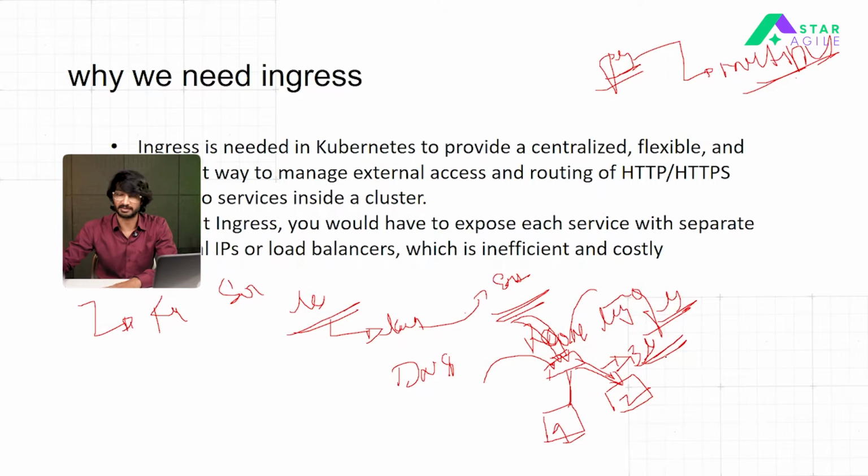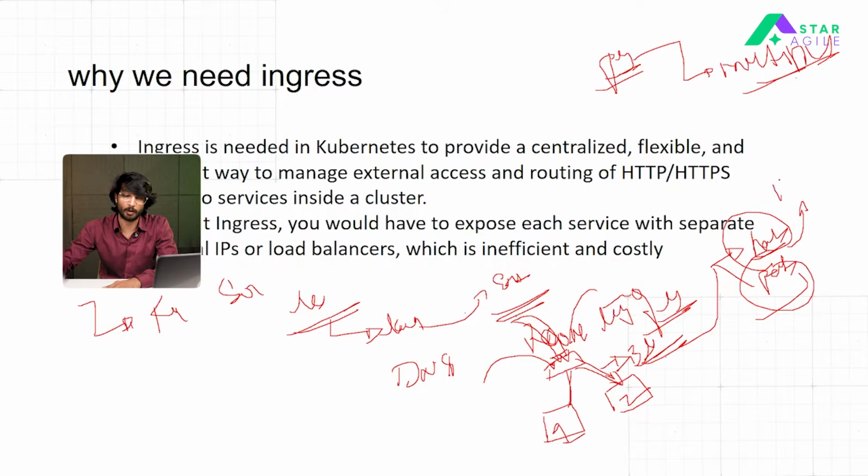Whereas outside, we have more advanced types of routing, that is host-based routing and path-based routing. By using these, we can implement very complex and advanced routing inside our load balancing.